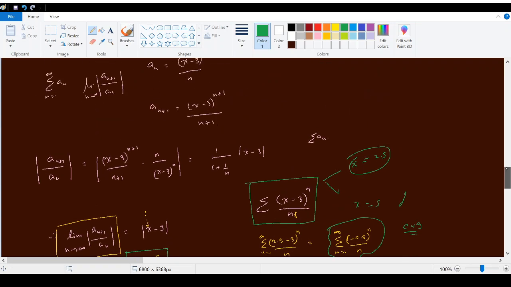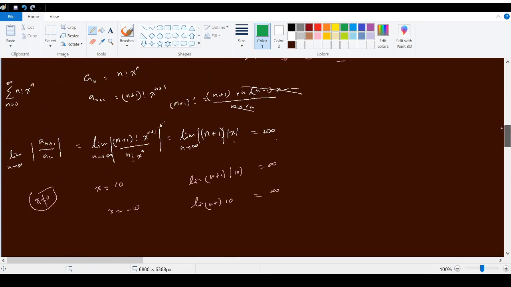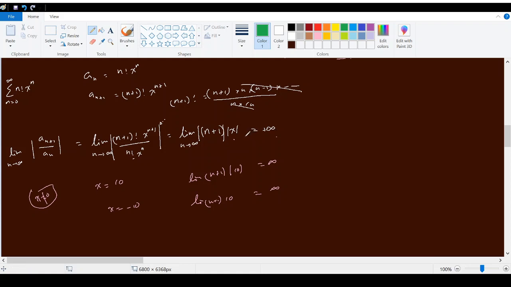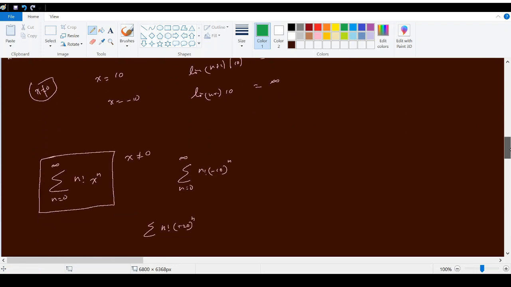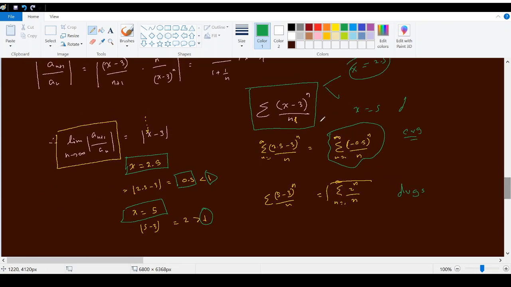The very first example was a very specific case, but most of the times we end up with a situation like this. For some values of x it converges, and for a different value of x it diverges, right?